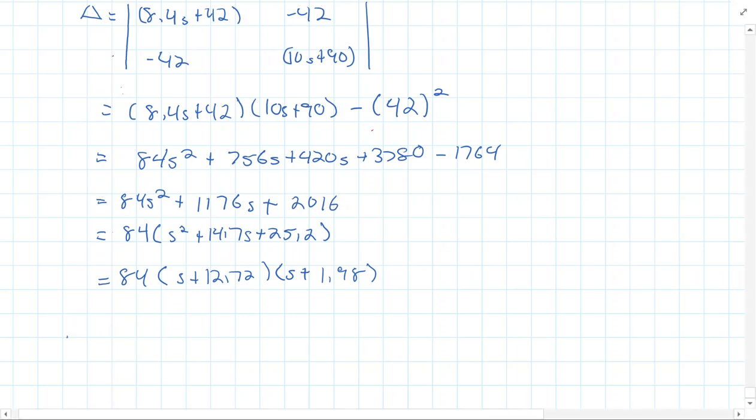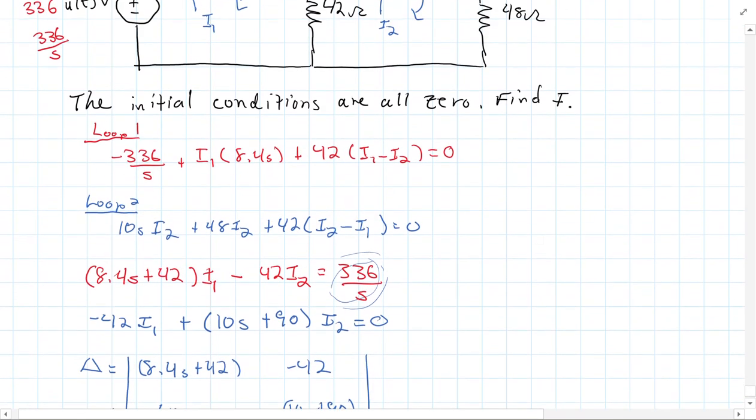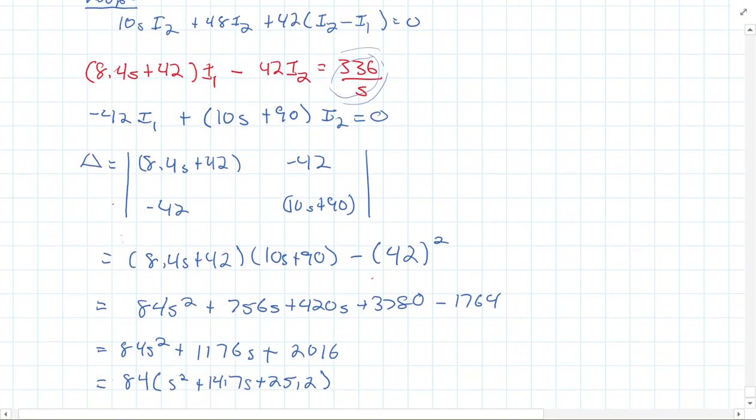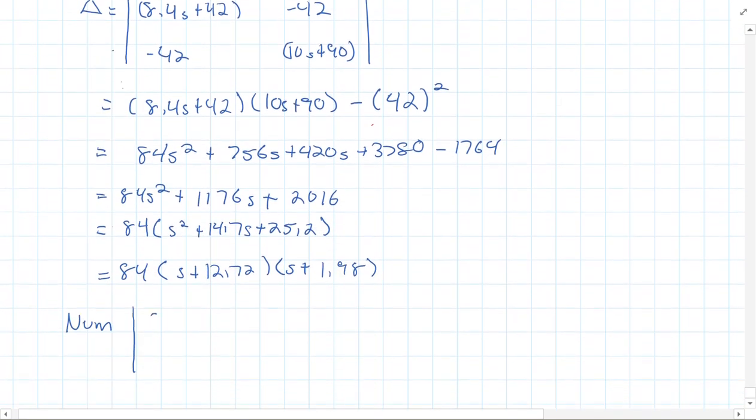Now, here I'm going to remind us of the numerator. Got to make sure we keep the correct one here. The numerator would be, we replace the first column, so we'd have 336 over s, 0, negative 42, and then 10s plus 90.